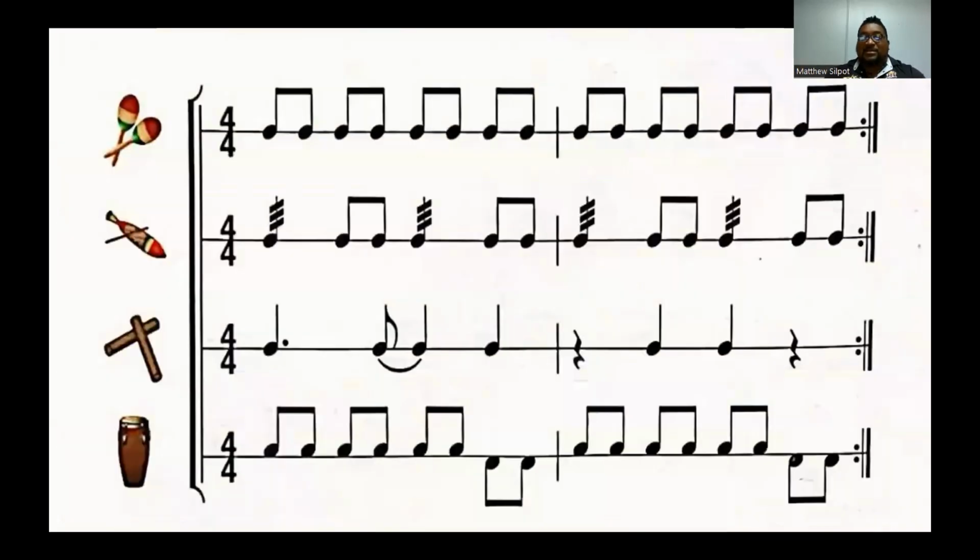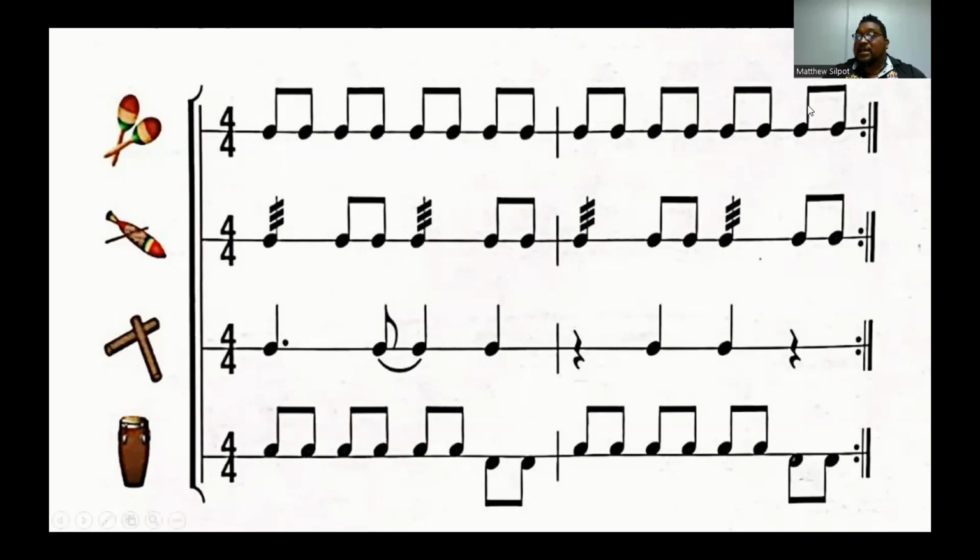So I'm going to take it a little bit further, and then we'll look at this one. Now, if you notice, there are 4 different things happening at the same time. The top stave, or the top measure, is featuring the maracas.